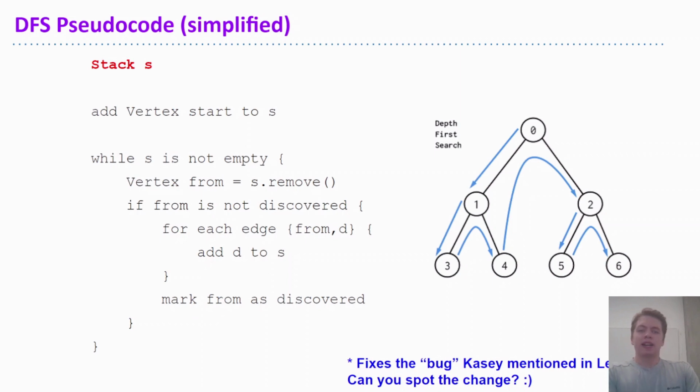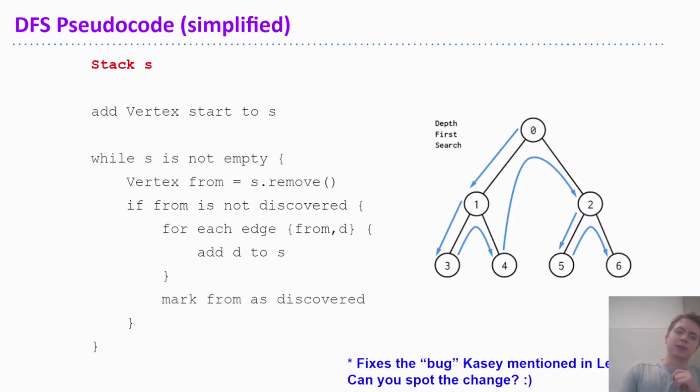And then we'll go back up a level and explore all of that node's children. So this is what we refer to as a depth first search, where we follow a path deep down into the graph and then pop up, like exploring a binary tree instead of exploring level by level in BFS.